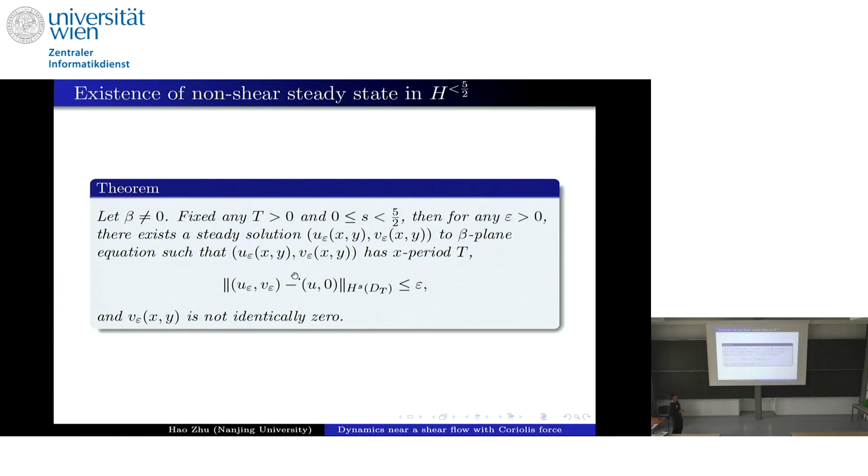So the last one is to consider whether there is some richer dynamics near the shear flow. If we consider the case where the regularity is low enough, the result is similar to Lin and Zheng.